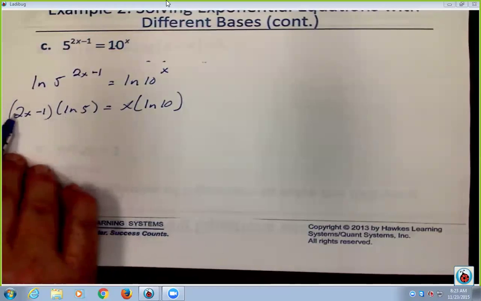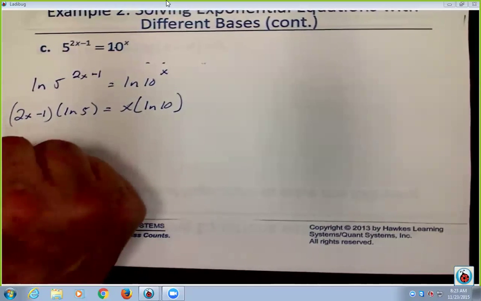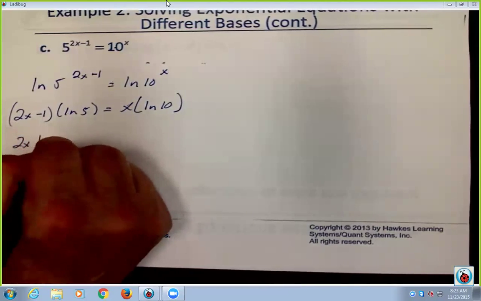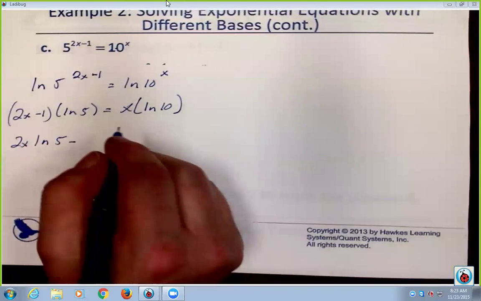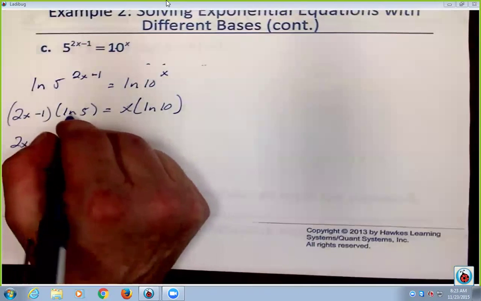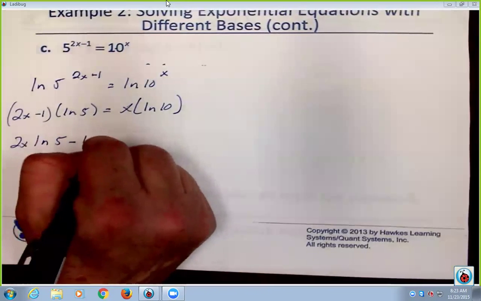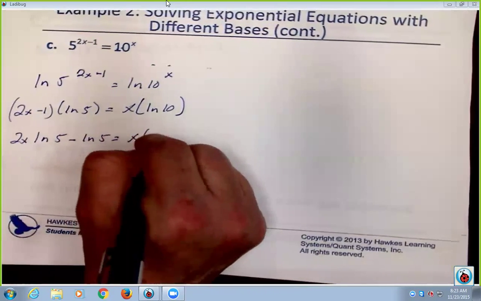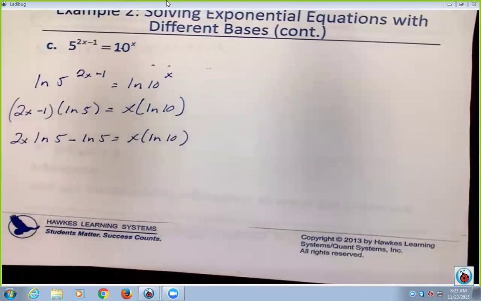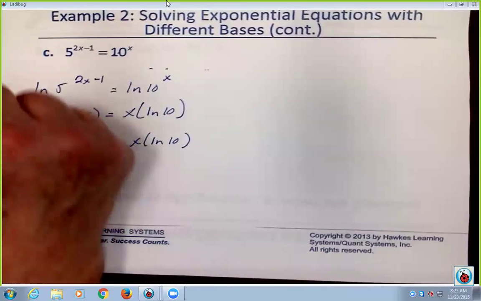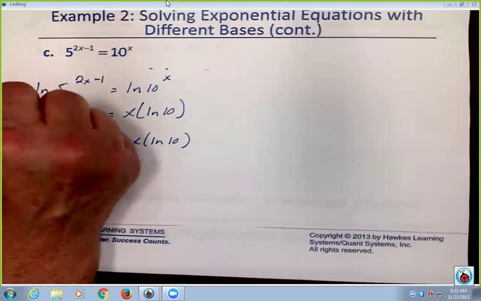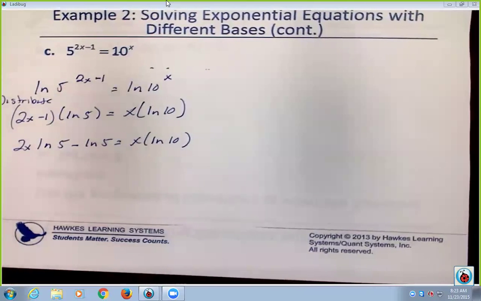So I'm going to multiply this by each piece. So I'm going to have 2x ln 5 minus ln 5. So we use a distribution at this point.